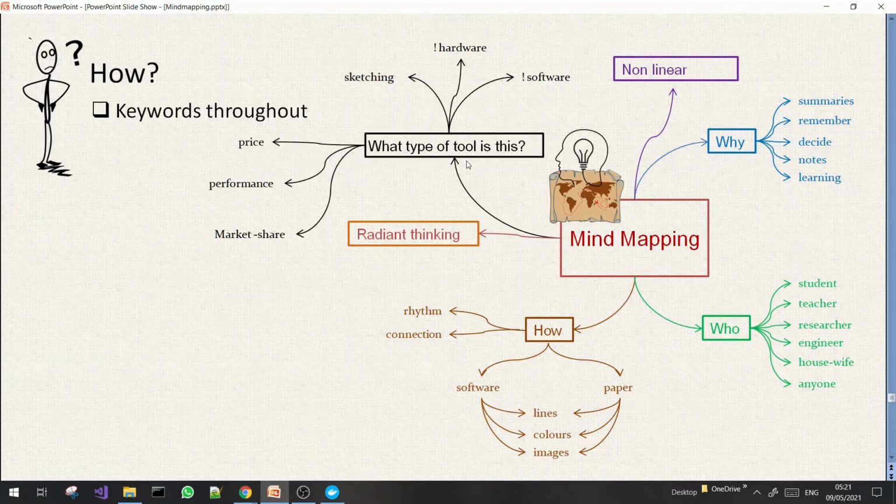But if instead of keyword, I would have written a text like this, what type of tool is this, then I cannot add this information. For example, what type of tool is this? The answer is price. It's irrelevant information. What type of tool is this? The answer is performance. It's irrelevant.